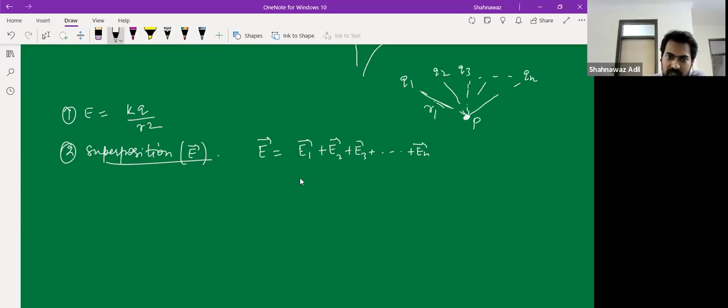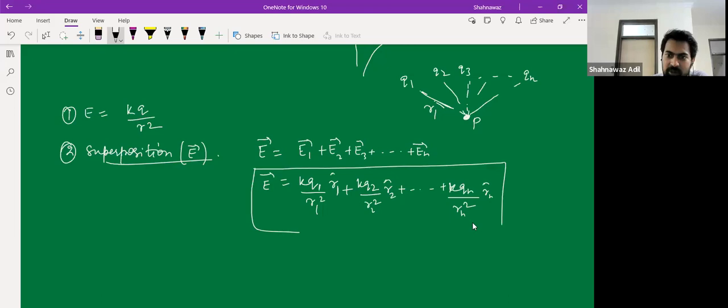So this would be kQ1 by R1 square and then R1 hat, and this would be kQ2 by R2 square and then R2 hat, and something like this, kQn by Rn square and then Rn hat. So this is about the superposition principle of electric field.